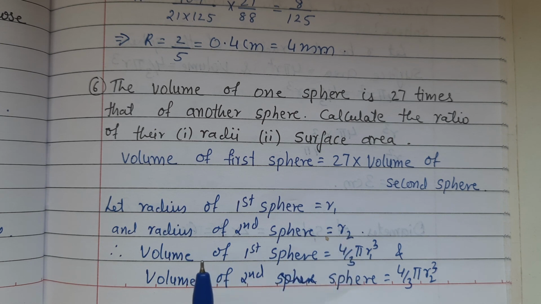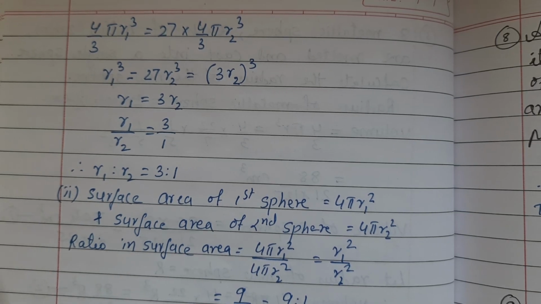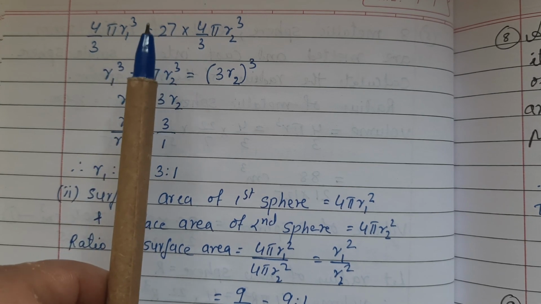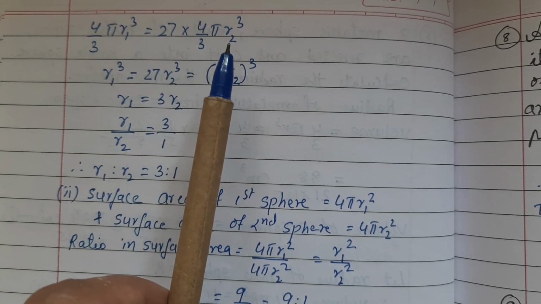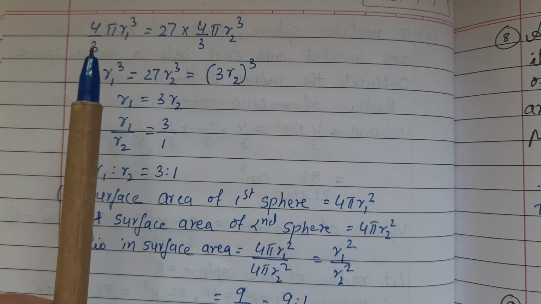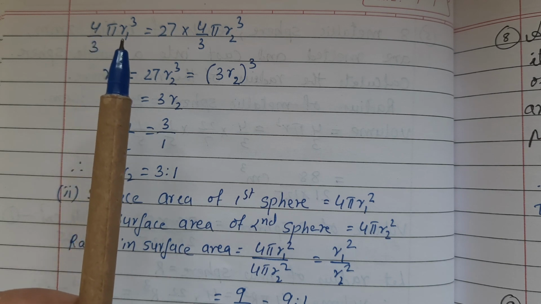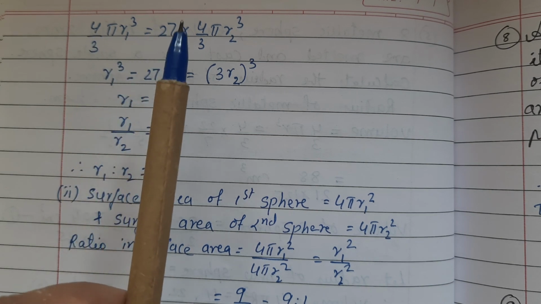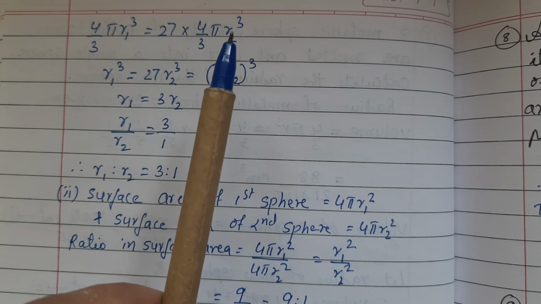Therefore, volume of first is 4/3 pi r1 cube, volume of second sphere is 4/3 pi r2 cube. The volume of first sphere is equal to 27 times volume of second sphere. Therefore, 4/3 pi r1 cube is equal to 27 into 4/3 pi r2 cube.